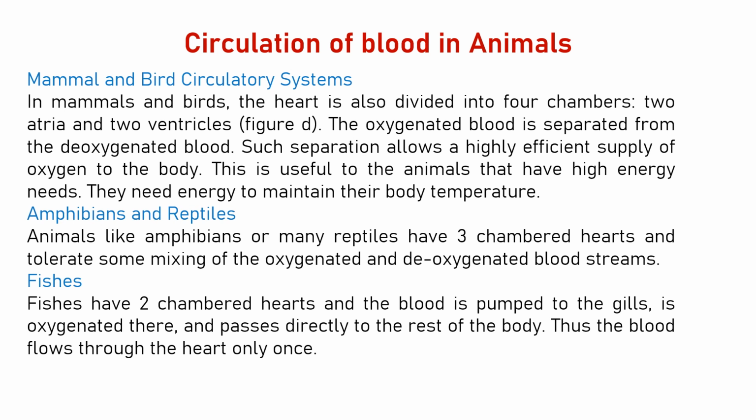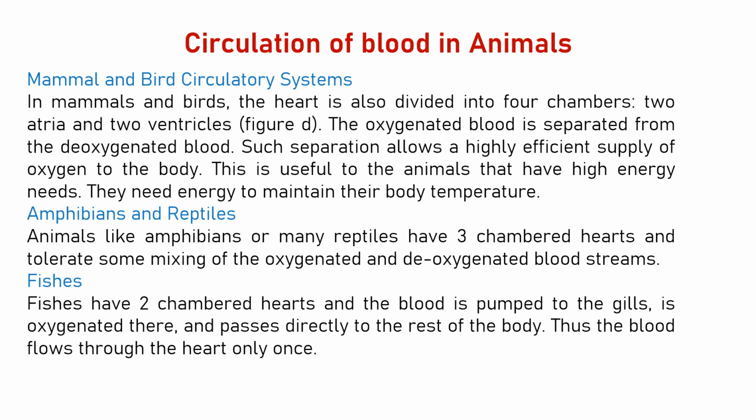For energy we know that oxygen is required. So for a sufficient supply of oxygen we have a double circulatory system, and in our body it has been made sure that deoxygenated and oxygenated blood is always separated, right? Unlike amphibians, in most of the reptiles, the heart is three chambered, right?